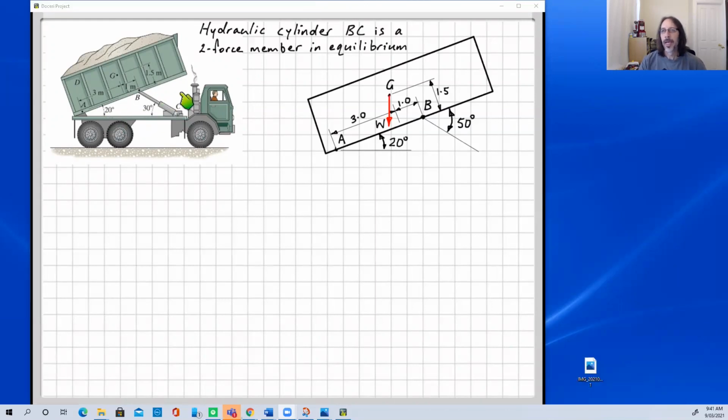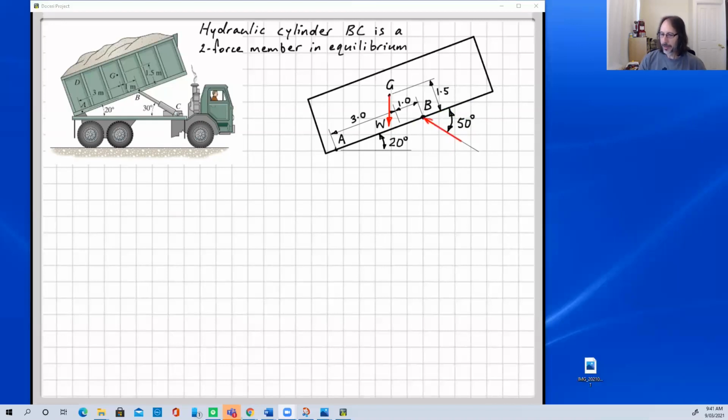However you work that out, it doesn't matter. You could also indicate the angle from the perpendicular to the dumpster, but I'm thinking ahead to how I'm going to solve this problem, and I've just indicated this angle is 50 from the base of the truck, or the dumpster.